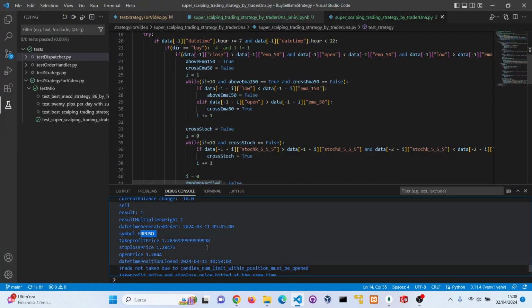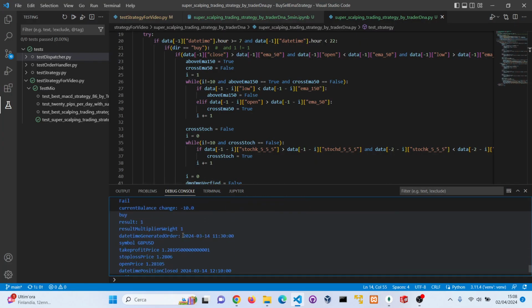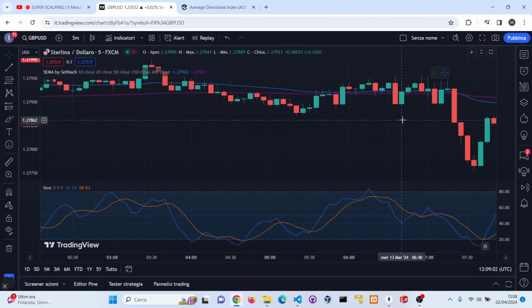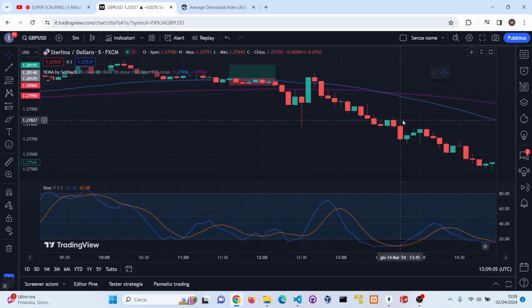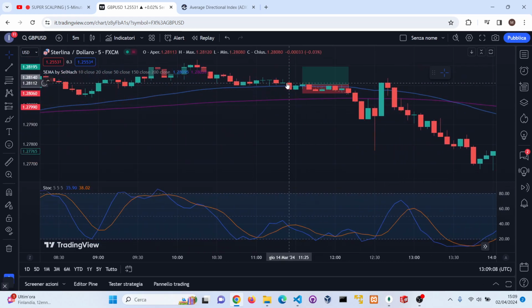So let's take a look at the long position. For example, a signal was generated at this date and time. So let's take a look, because it is here. Okay. The signal was generated here because our data goes below the EMA 50, and then the data closes above the EMA 50, but it doesn't touch the EMA 150, and there is a cross in the stoch in the previous data.